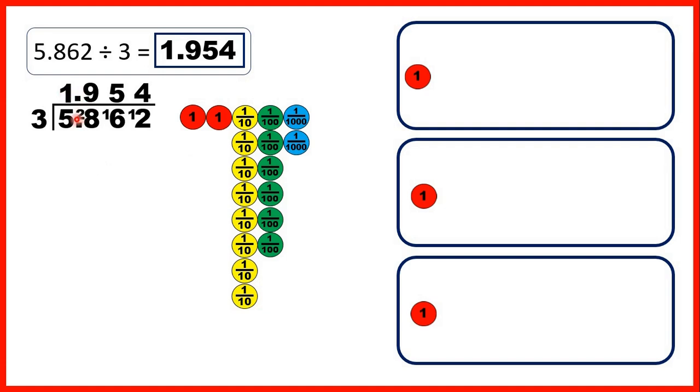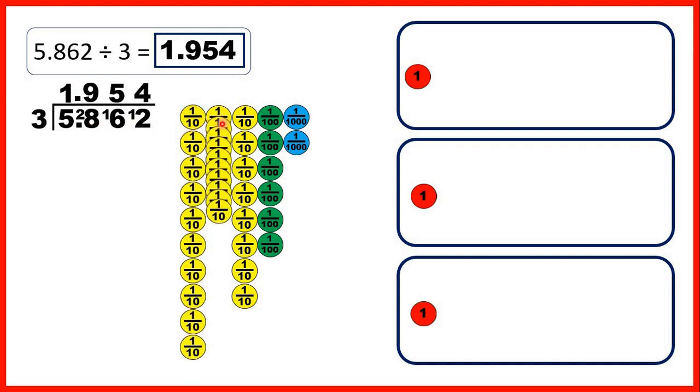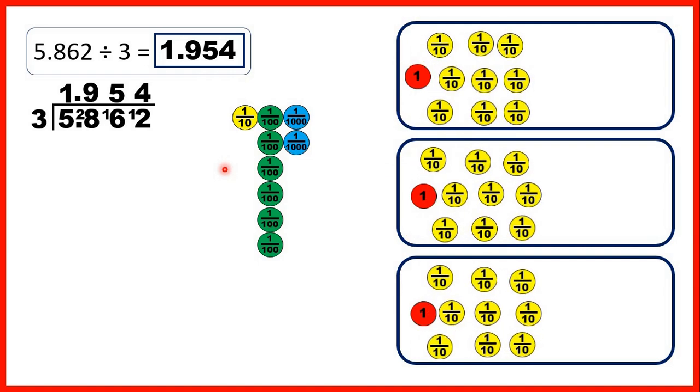We can put the remainder 2 in front of our tenths digit, because remember, 1 whole can be exchanged for 10 tenths, so now we have 28 tenths. We can share out 27 of those tenths, and we have 9 tenths in each group, so that's why we have 9 as the tenths digit of our answer.